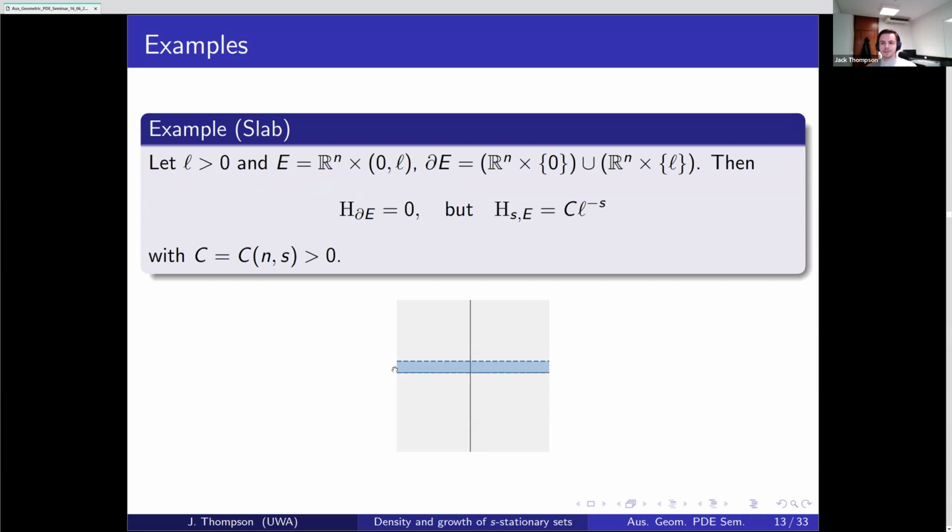Now, what's the first different example? Let's consider a slab, R^n cross (0, L). In the local case, this is the same as the first example, I just have two planes now. So it still has zero mean curvature. But in the non-local case, it's actually non-zero, it's positive, and it's constant.